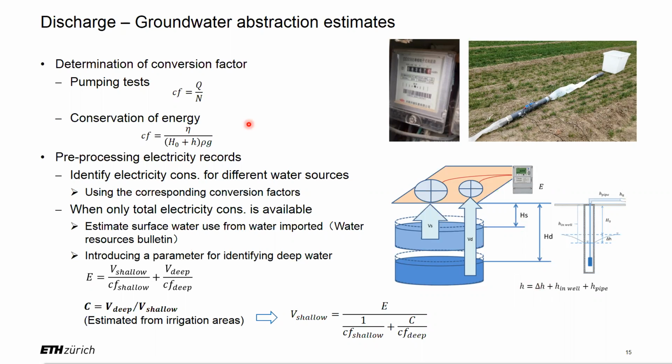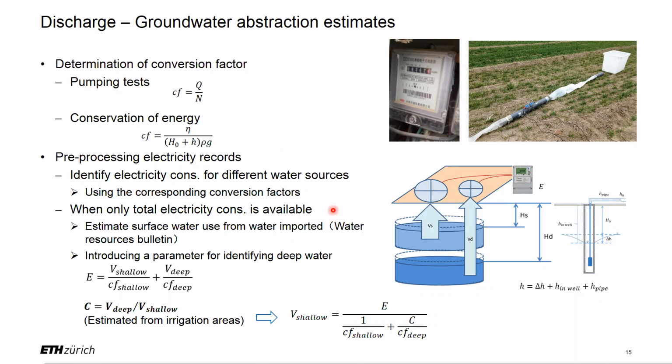For the electricity records, it is very important to know the pumping electricity for different water resources, because the conversion factor of deep water is only half of the conversion factor of the shallow wells. So the corresponding conversion factors must be used to convert the fraction of electricity for the specific water resources.